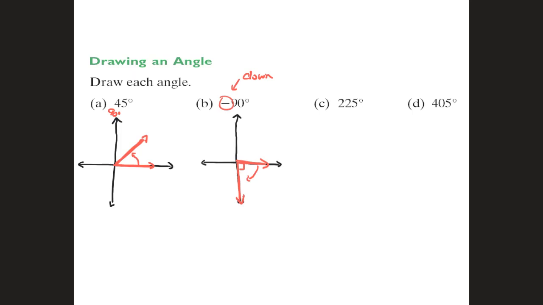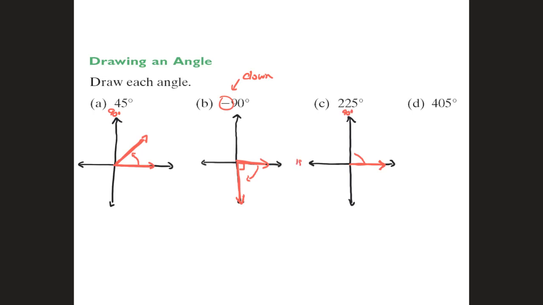To do 225 degrees, again, I'm always going to start with my axes, starting my initial side on the positive x-axis. And then I need to think about 225 degrees. It's more than 90, so I'm going to go more than 90 degrees.